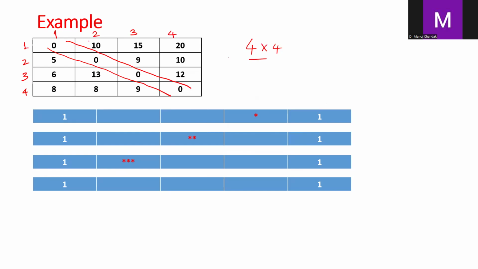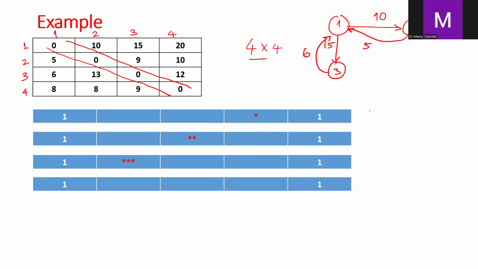If I take 1 to 2, the cost is 10, and 2 to 1, the cost is 5. So my graph will briefly look like 1 to 2, cost 10, and 2 to 1, cost 5. In this way, I will have the remaining vertices connected. The distance from 1 to 3 is 15, and from 3 to 1 it is 6.